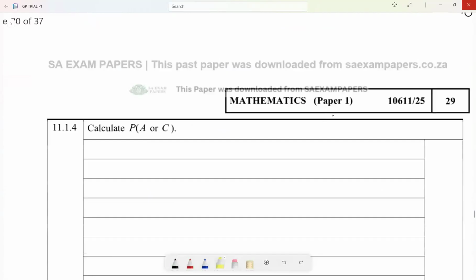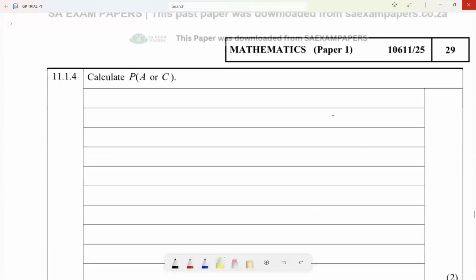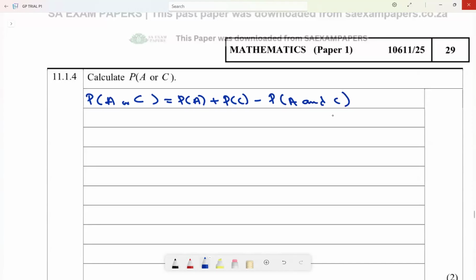Okay. Calculate the probability of A or C. I know that the probability of A or C is just the probability of A plus the probability of C minus the probability of A and C. So what is the probability of A or C is what I'm looking for.